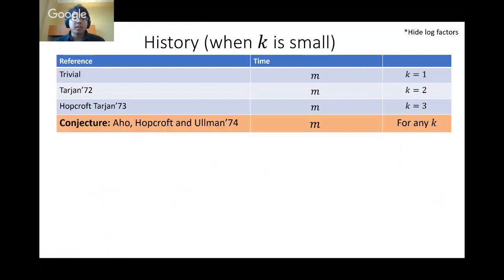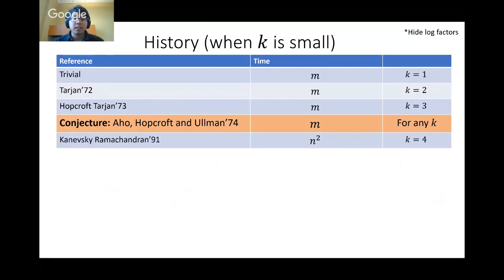But then, it was asked in the book by Aho, Hopcroft and Ullman in '74 whether there is a linear time algorithm to check K-connectivity for any K. But it turns out that even for K equals 4, it is not clear how to do this in linear time.